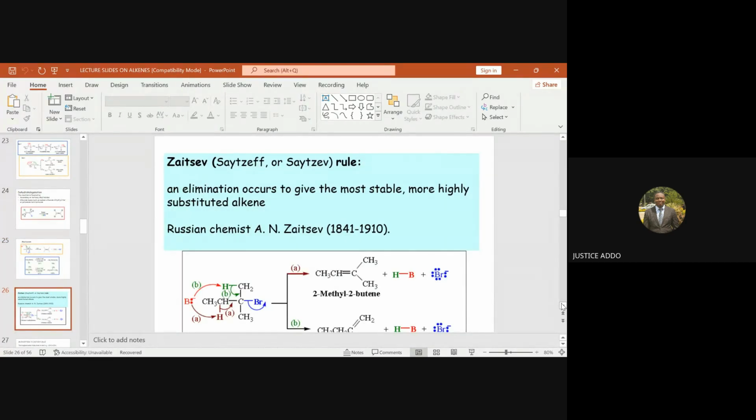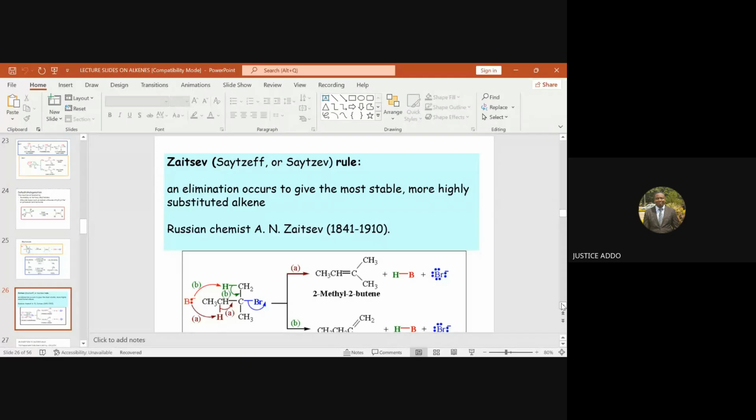Now, to this elimination rule, that the halogen should be removed with an adjacent hydrogen, there is an exception to it. The rule itself is the Zaitsev's rule, okay?